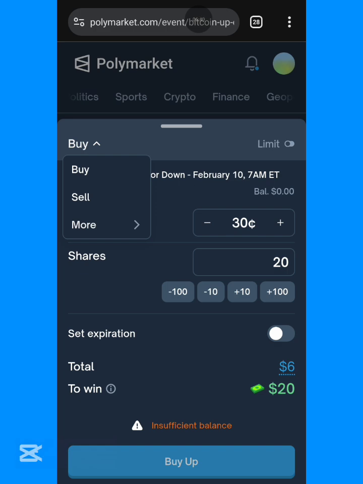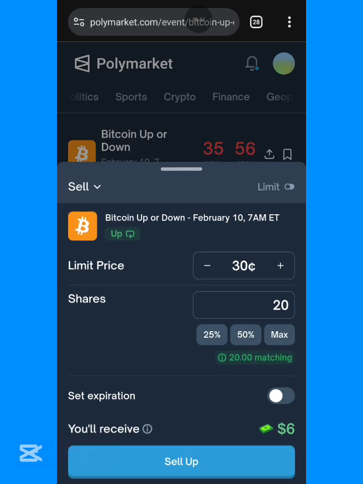So let's assume I bought certain shares now, so I can make use of sell share. Let's assume I bought that one with $6, and I want to sell it now. Remember, I said it will be bought at 30 cents per share. So certainly, I'm not going to sell it at that particular amount.